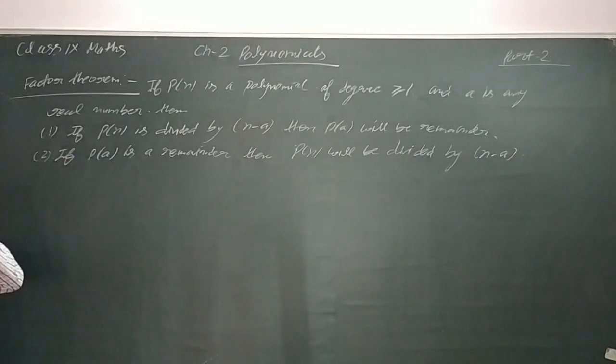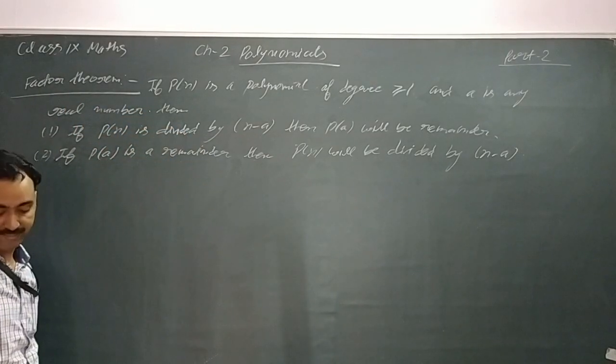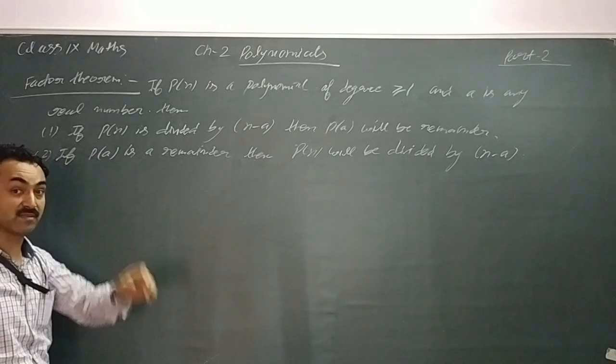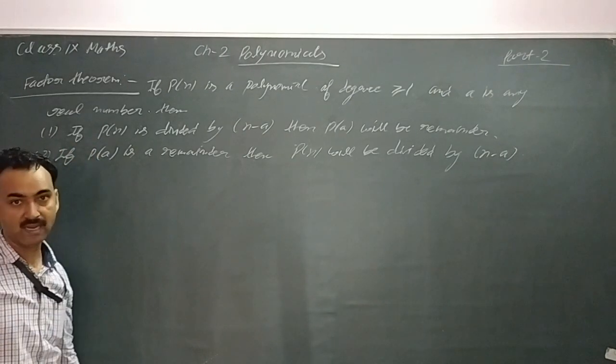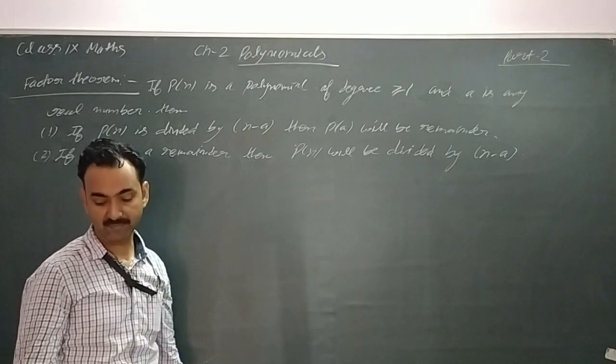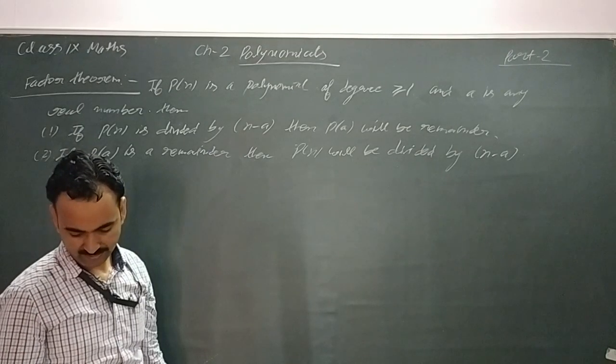So you have to remember, if P(x) is a polynomial and a is any real number, then there are two cases. First, if P(x) is divided by x minus a, then P(a) will be the remainder, and if P(a) is the remainder of P(x), then P(x) will be divided by x minus a.